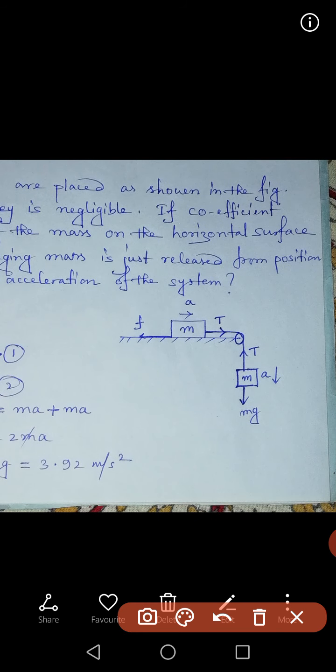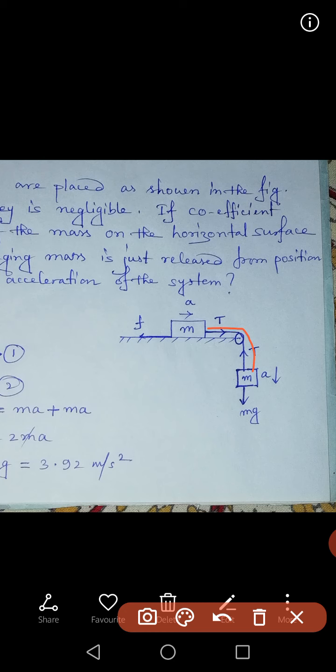So at this surface, coefficient of friction, mu, is 0.2. Now on this object we will have to see how many forces are acting. But one thing you have to remember: whenever a string, rope, or thread is attached with two masses, and the two ends are pulled by two masses, some kind of force is generated in the string.